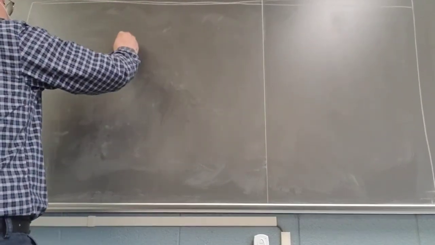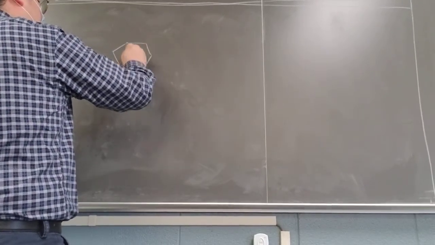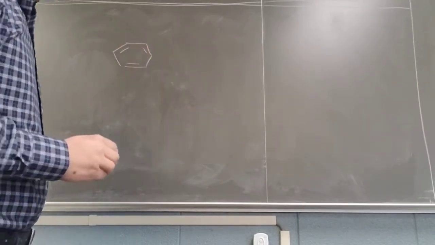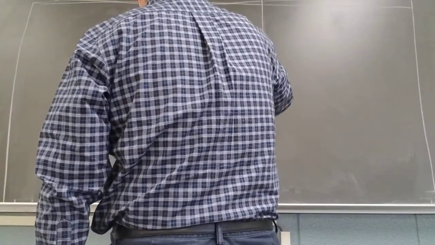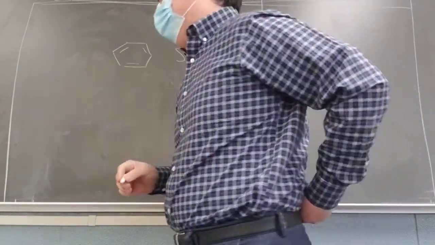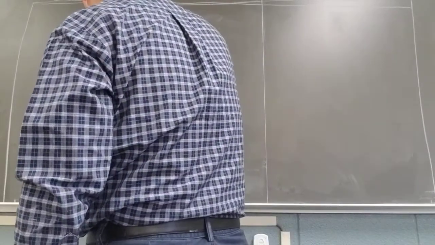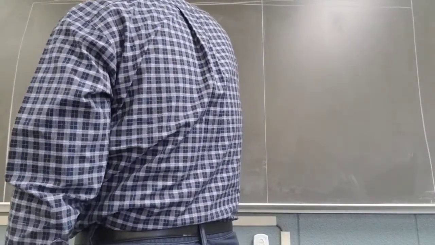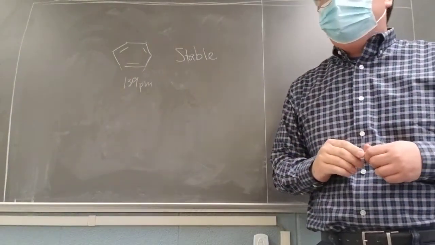But I'm not gonna hurry though. So we talked about the benzene over here, and this is very stable. This is what we talked about, the stability of the benzene. We also looked at the bond length between all the carbons in the benzene, which was about 139 picometer. That means they're all well conjugated.